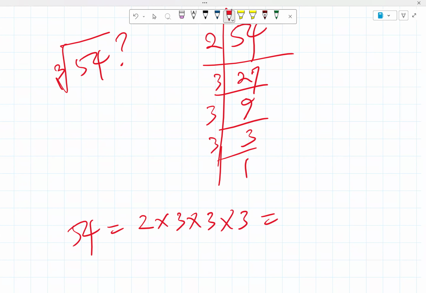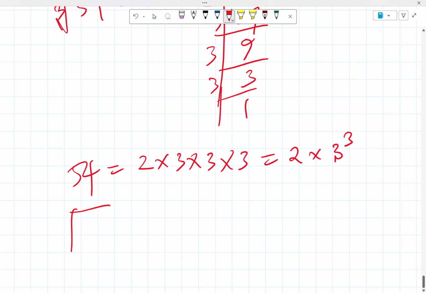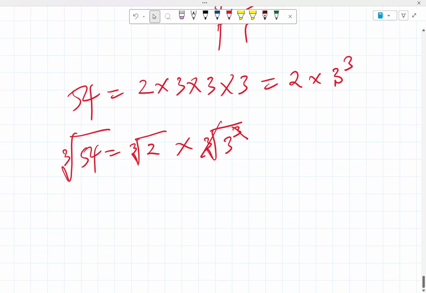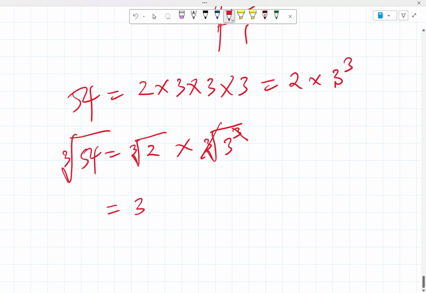Because we are dealing with cube roots, we are interested in having these 3 raised to power 3 here. So the cube root of 54 is equal to the cube root of 2 multiplied by the cube root of 3 raised to power 3, because power 3 cancels the cube root, right? So we then have 3 multiplied by the cube root of 2.